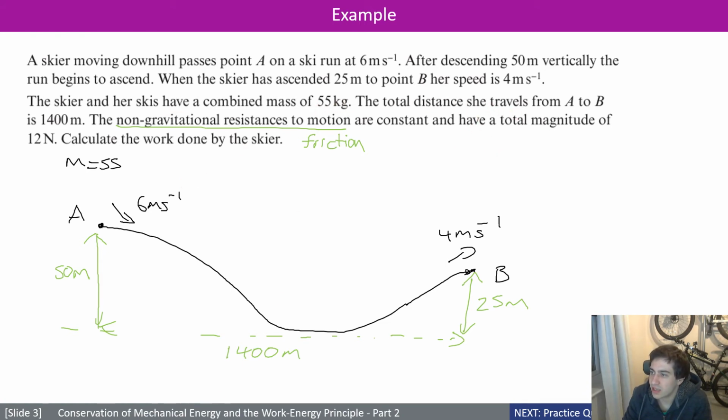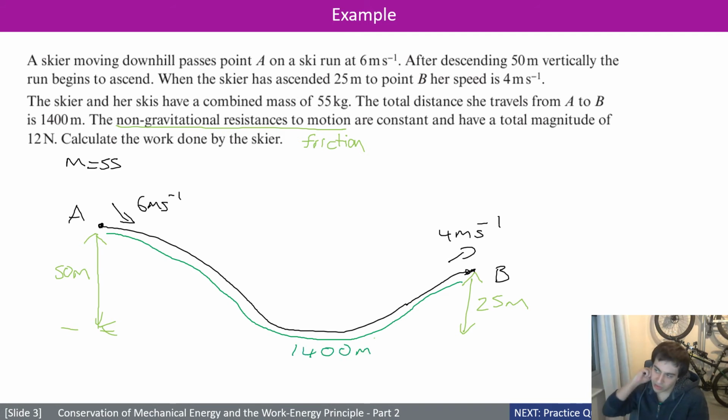I was about to say it's the horizontal distance, but that would make a difference. Surely, that 1400 meters actually refers to the slope itself. Right, that's the 1400 meters. Yes, because otherwise the shape would make a difference. So whatever I've drawn, it's 1400 meters.